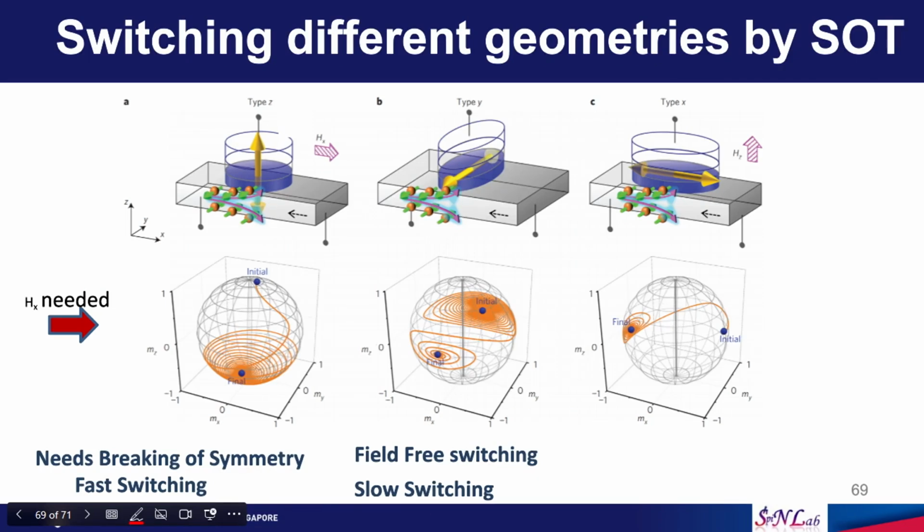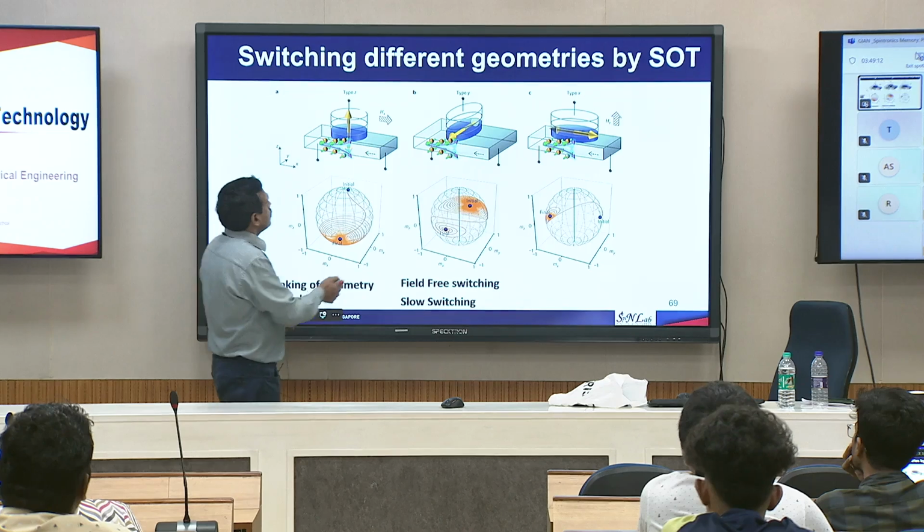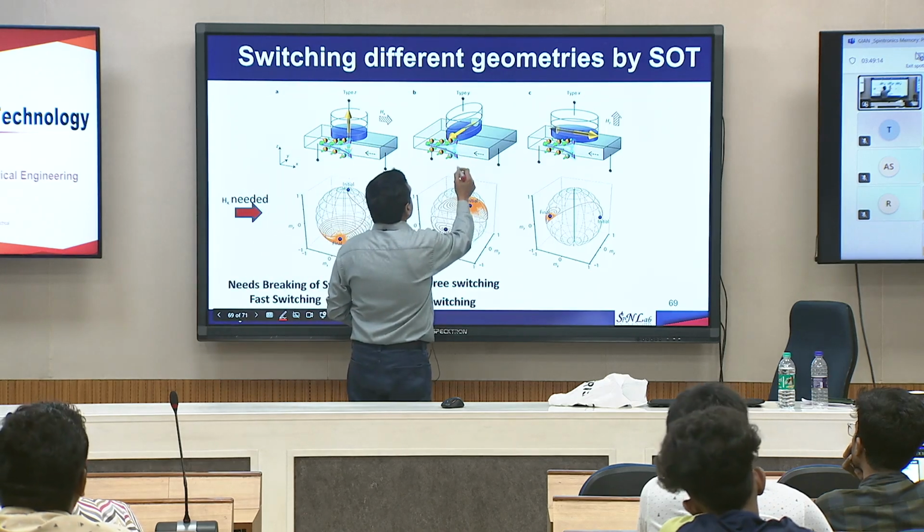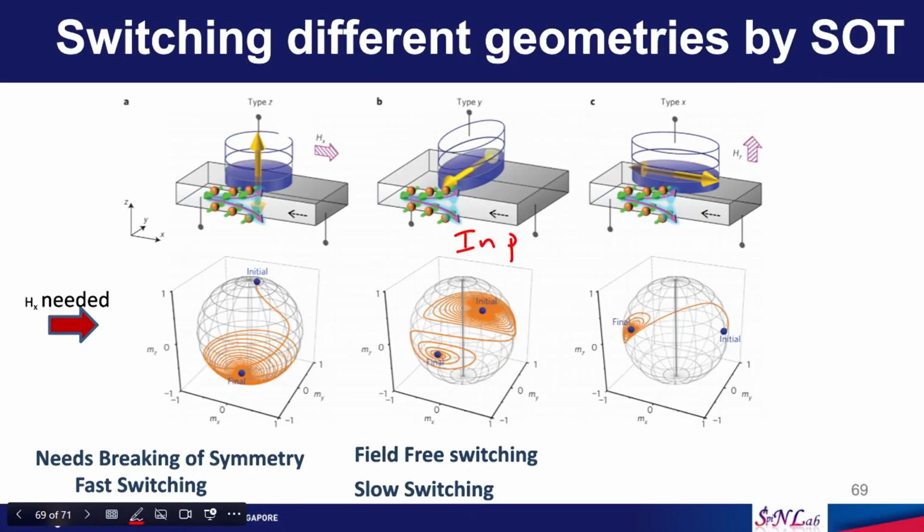Okay, so this is one result I wanted to show. People have studied SOT MRAM in different configurations. These two are in-plane MRAM, where magnetization is parallel to the disk surface.